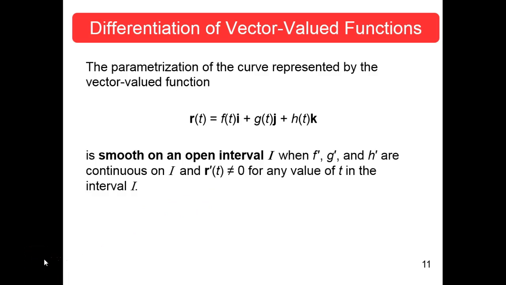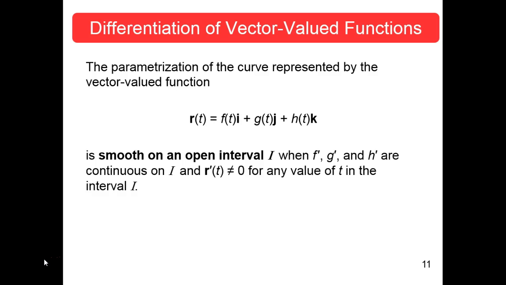All right, this is the top of page 830 in Chapter 12, Vector Value Functions, and 12.2, Differentiation and Integration of Vector Value Functions. The parameterization of the curve represented by the vector value function r of t is equal to f of t i plus g of t j plus h of t k, is smooth on an open interval I when f prime, g prime, and h prime are all continuous on that interval I, and when r prime of t is not equal to 0 for any value t in the interval.